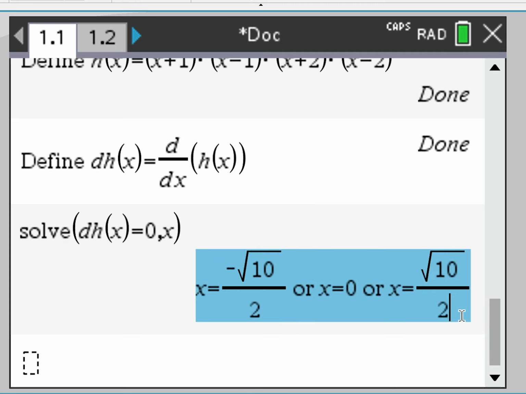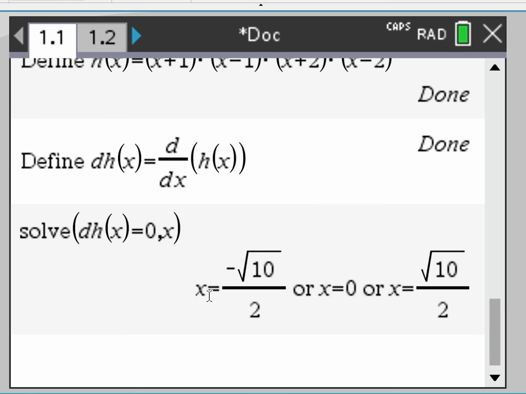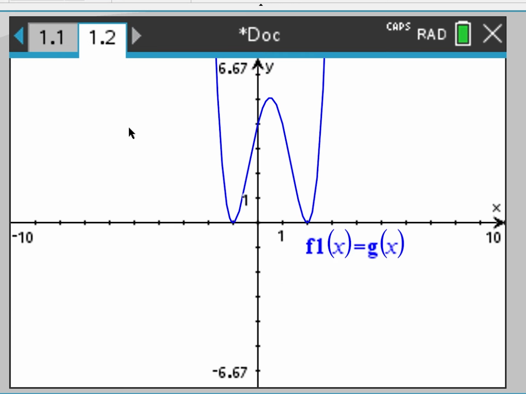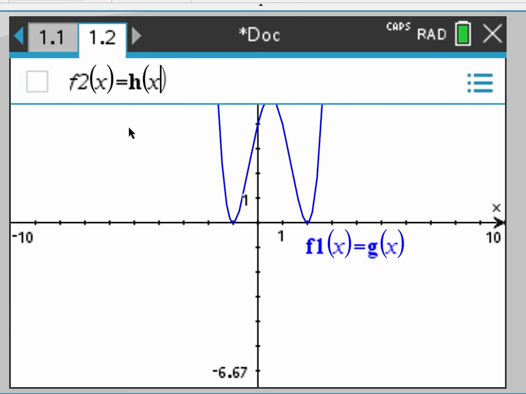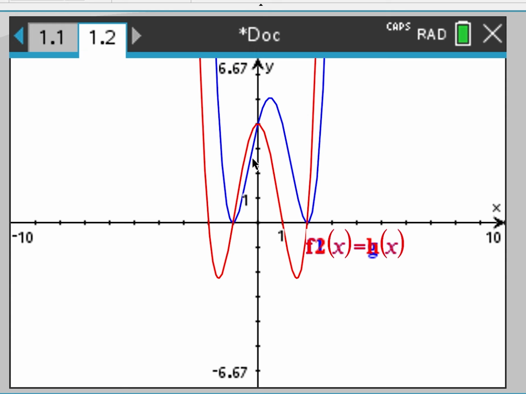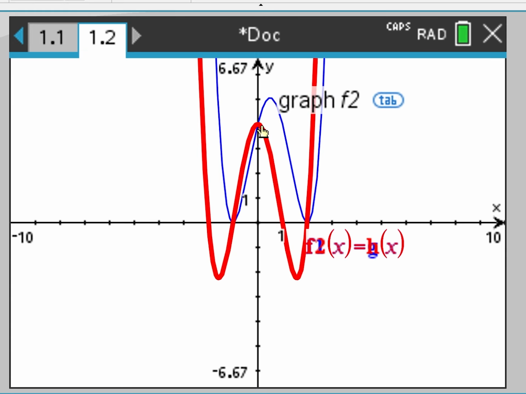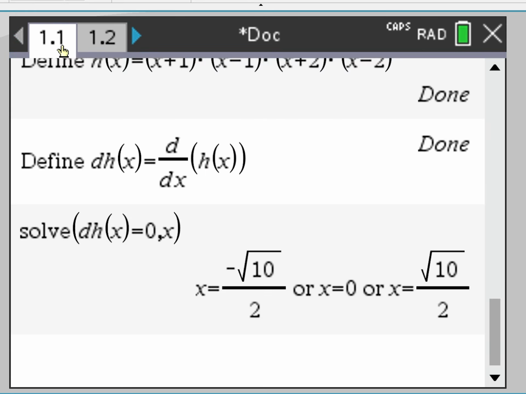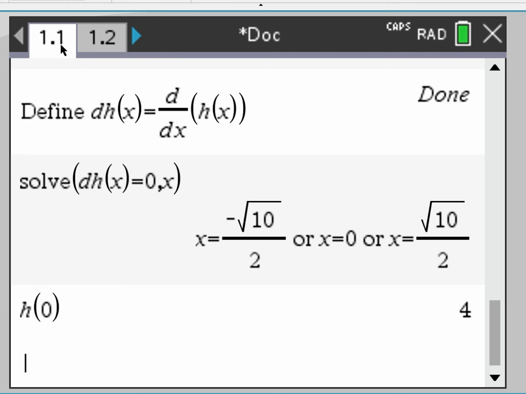These are our coordinates for the turning points or stationary points. Again, we can just simply graph this to save our time of substituting, just once rather than having to do it 3 times. As you can see, our maximum is going to occur at x equals 0. So h(0) is 4.